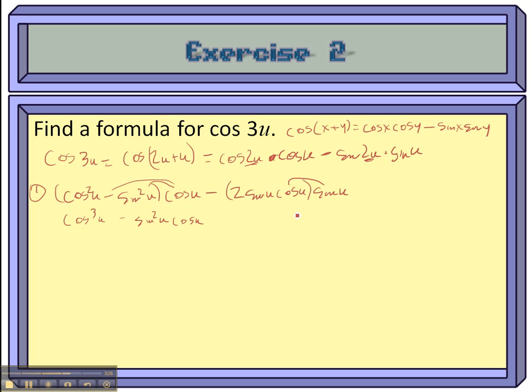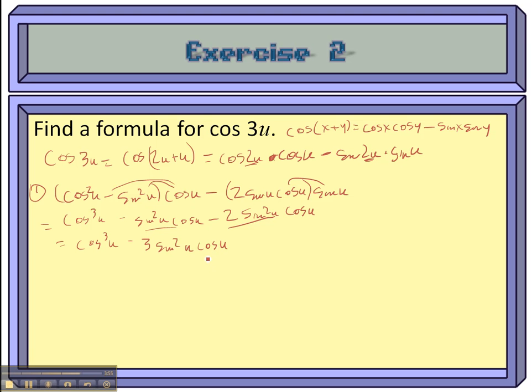It's not a distributive property just because there's no plus sign, minus sign, or whatever in between it, so it's just minus 2 sine squared u cosine u. Combine our like terms. We've got negative 2 of them here, negative 1 of them here, which makes this cosine cubed u minus 3 sine squared u cosine u.